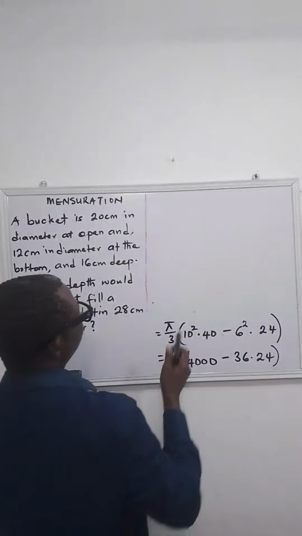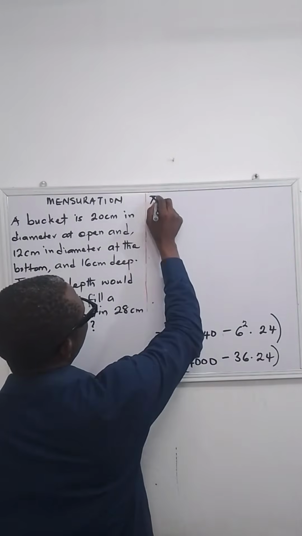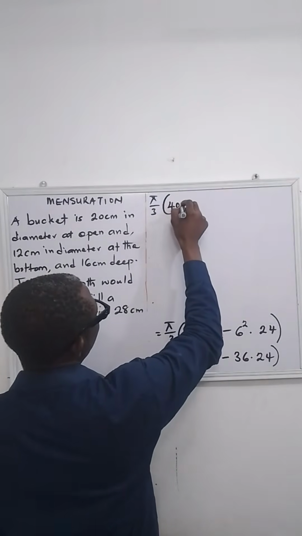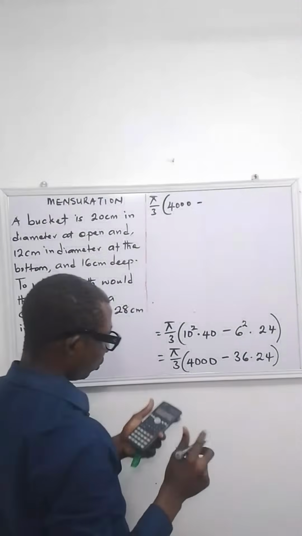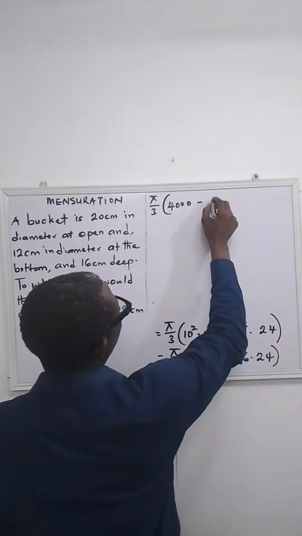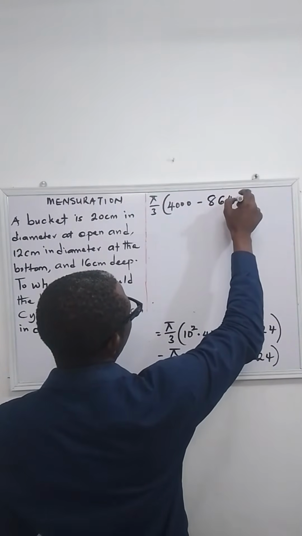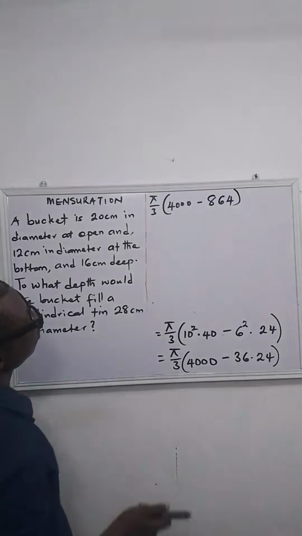All right, so now I'm rewriting this, that's pi over 3, 4,000 minus. So when you multiply this, what do you have? I want to believe you dropped that. That is 864. Okay, so that's what we have.